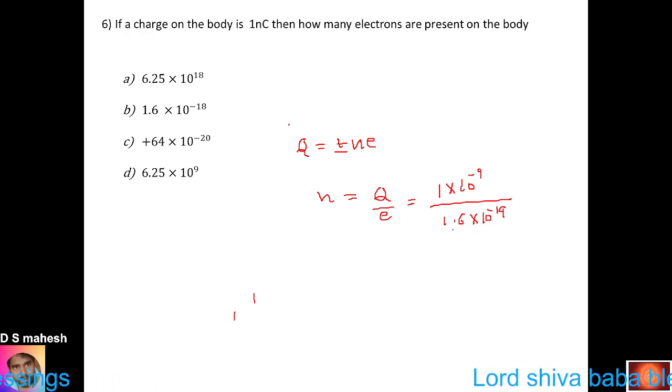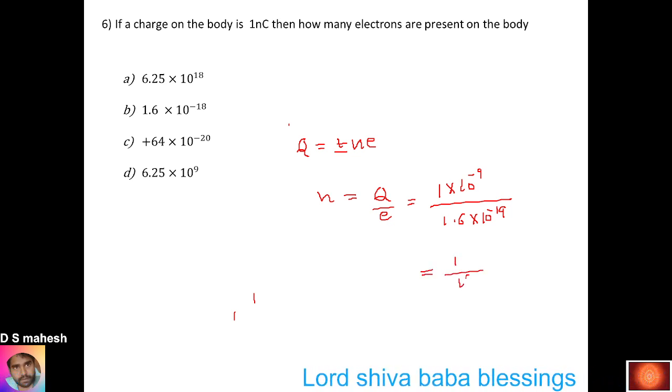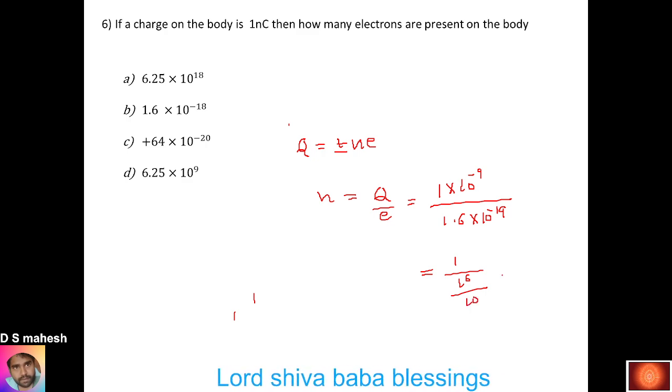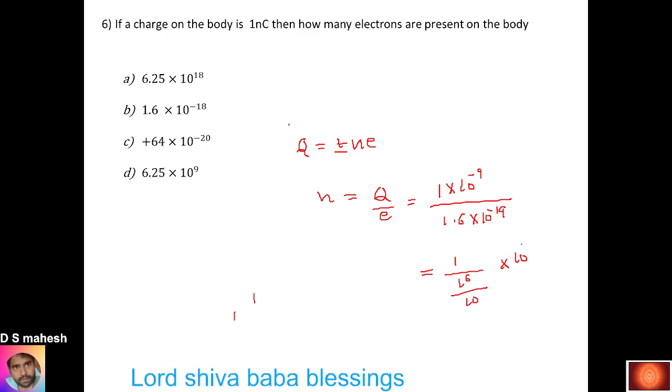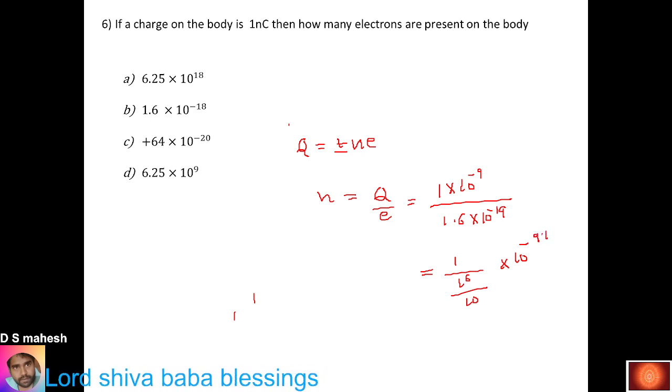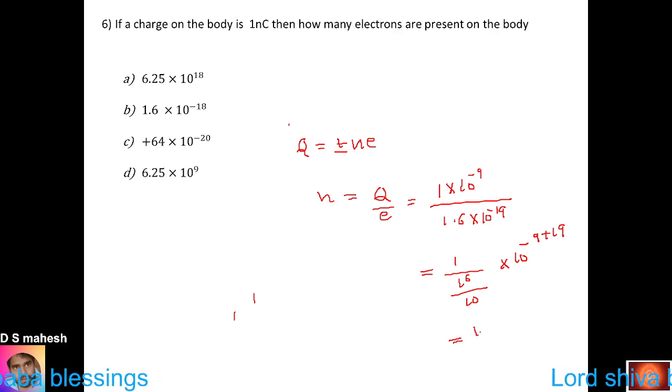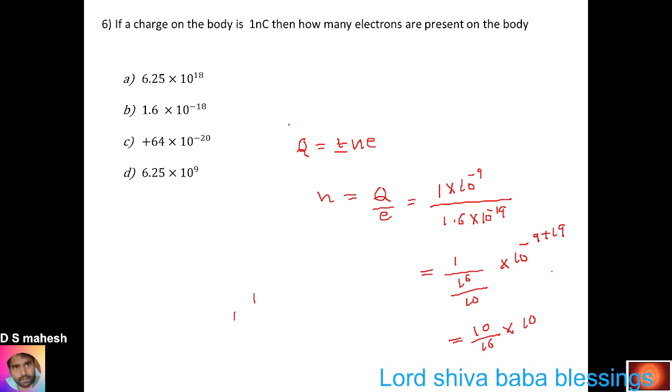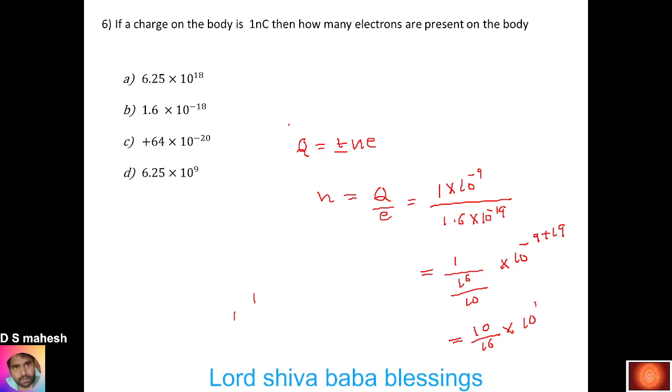So this can be written as 16 by 10. So this 10 to the power of minus 9, when this goes here this becomes 9. So this should be 10 by 16 into 10 to the power of 10.